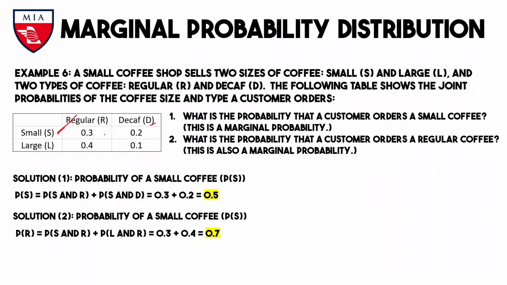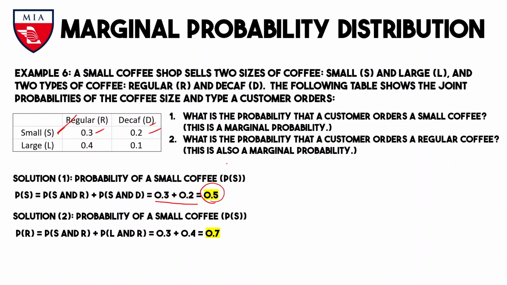So what is the value? P of S and R is 0.3 here, and P of S and D is 0.2. So we just need to add, like I said, it is just the sum of the probabilities based on the condition. So we have 0.3 plus 0.2, so we have 0.5.